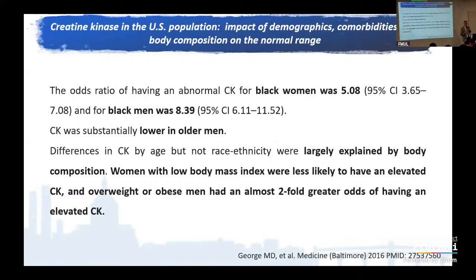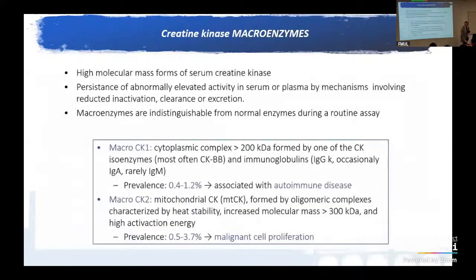On the contrary, overweight or obese people may have an increased level of CPK, at least almost twofold greater. So it's important to observe the patient from the beginning, in terms of ethnicity, in terms of sex, in terms of body mass index. But we have also another issue that should be considered.